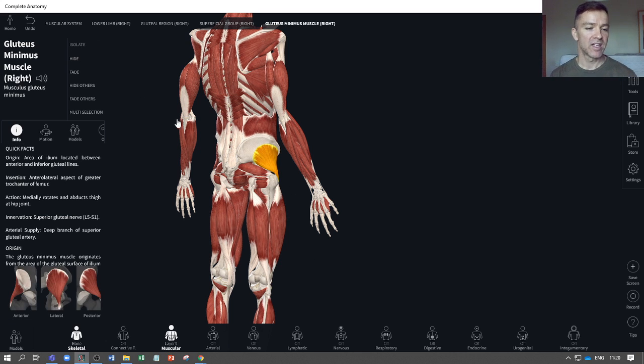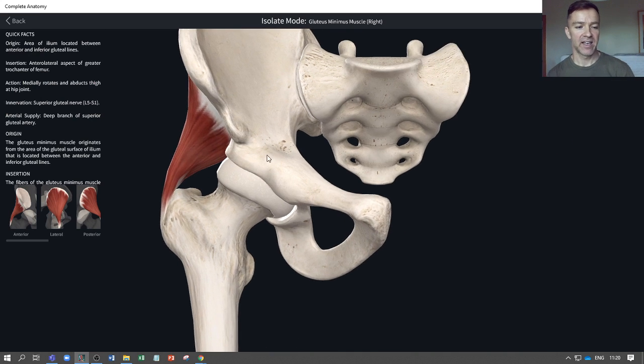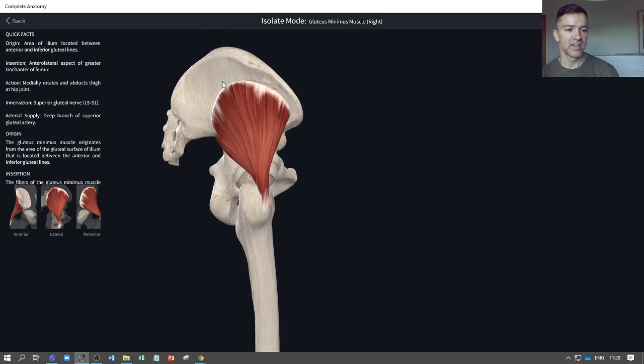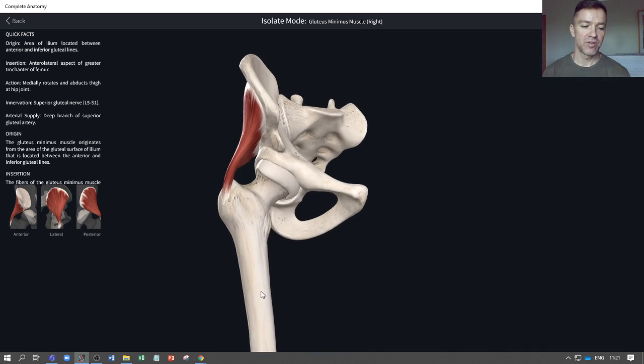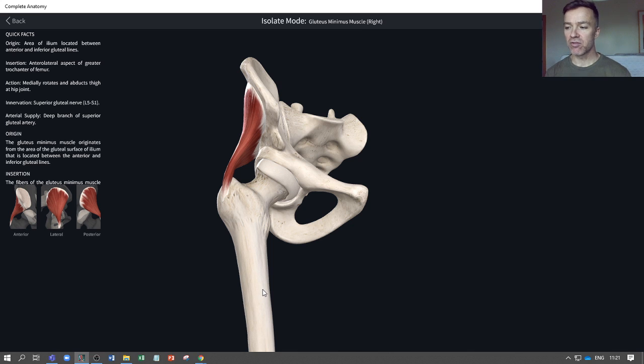If we look at that one on its own, we see again, like the others, it originates on the hip, on the ilium. It starts on the hip bone, crosses the hip joint, and inserts onto the femur there. Again, very similar to the gluteus medius, this is involved in medial rotation and abduction of the thigh at the hip joint.